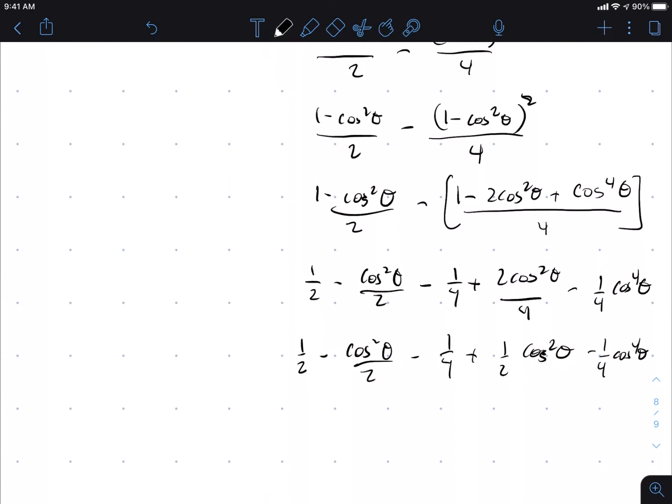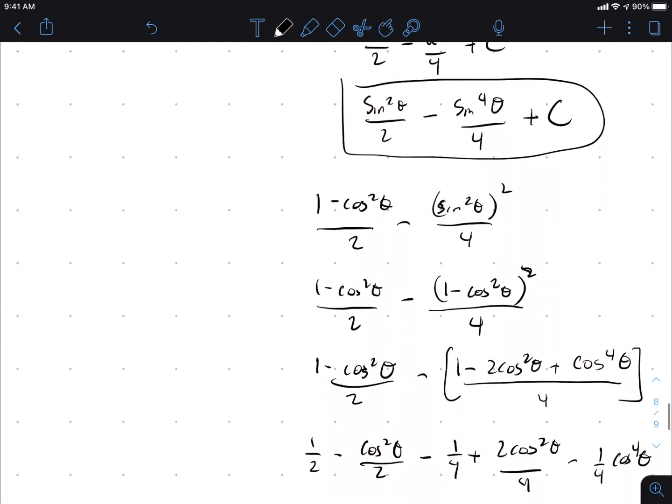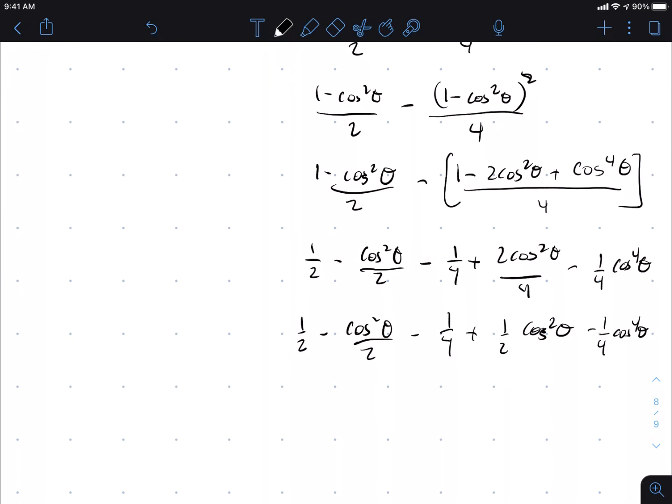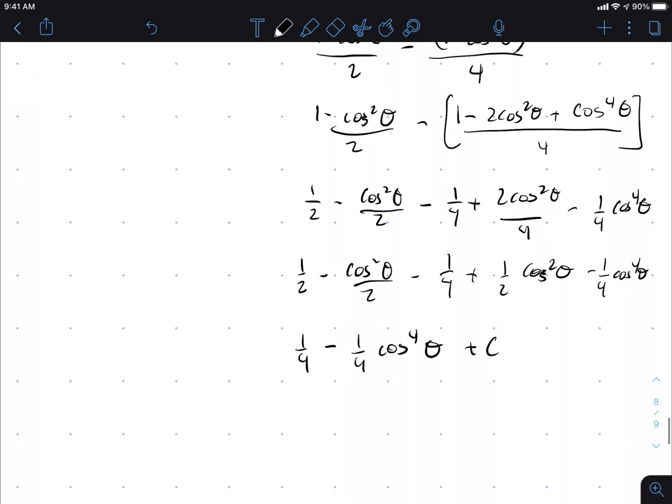And really there should be a plus c, right? Because I just dropped the plus c. So remember that, there's a plus c. So don't I end up with 1/4 minus 1/4 cosine to the 4th theta, plus some constant c if I want, because we had a plus c the whole time? But isn't 1/4 a constant?